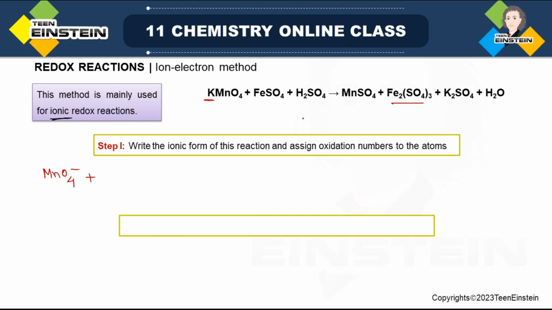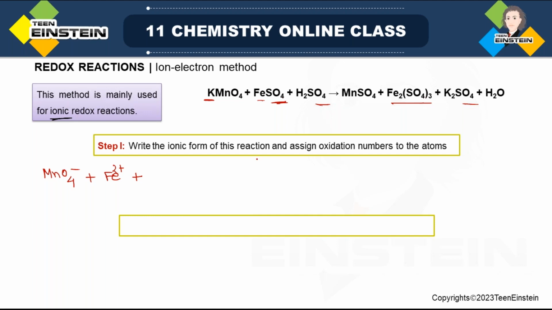So what is the difference? Sulfate ion is the same, but the formula is different. So here it is basically iron 2+, here it is iron 3+. Now the sulfate ion on both sides is basically a spectator ion, there is no change. So we can cancel the sulfate ion from both sides. We are writing only the species where there is some change in oxidation number.